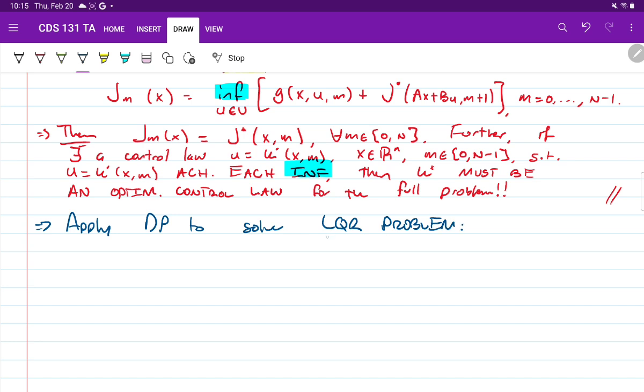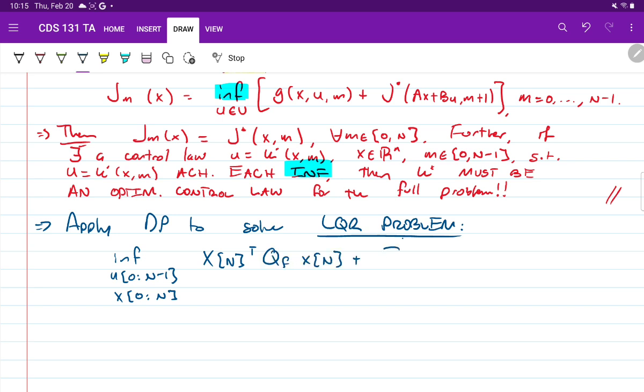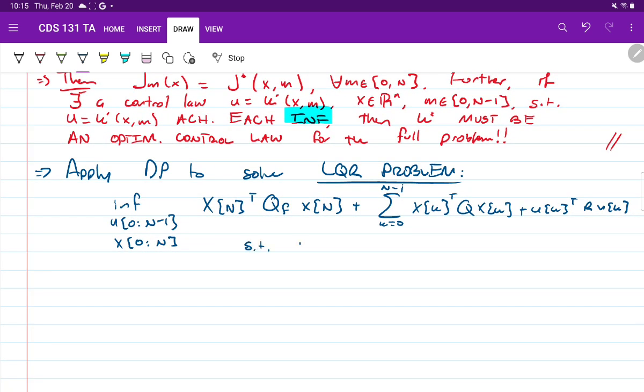So let's apply DP to solve the discrete time LQR problem, in which we're solving the minimization of x_N transpose Q_f x_N plus the sum from k equals 0 up until N minus 1 of x_k transpose Q x_k plus u_k transpose R u_k, subject to x_{k+1} equals A x_k plus B u_k, which holds over my whole horizon, and x_0 equals x naught.